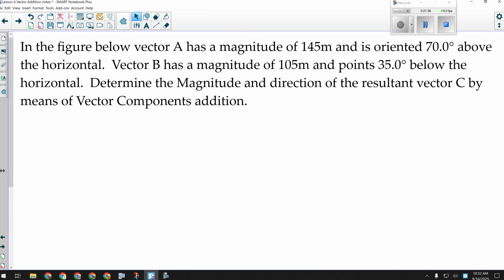I want you to copy this one down, and before you copy it down, I'm going to change this. I'll write it so you can see: 20 degrees right of vertical. So vertical being straight up, 20 degrees to the right.